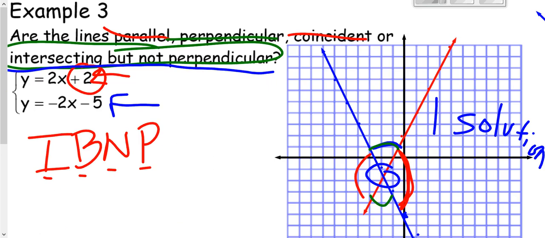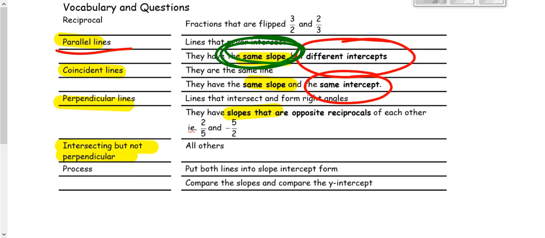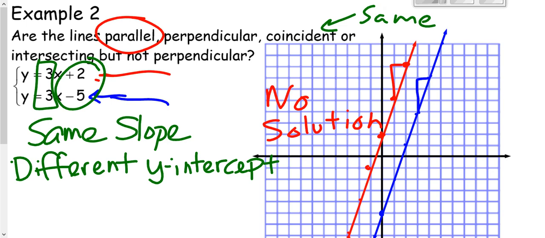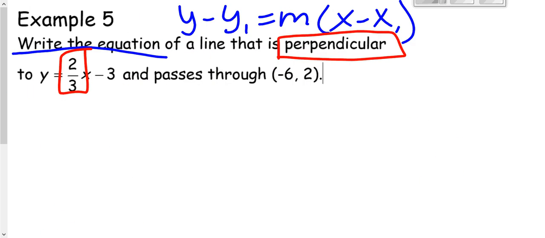Think back. Go look at your vocabulary questions here. We need an opposite reciprocal. Opposite meaning they need different signs. So if this slope is positive, my new slope needs to be negative. Then what does reciprocal mean? It means we've got to flip that fraction. So instead of 2/3, I want 3/2. That's my new slope.